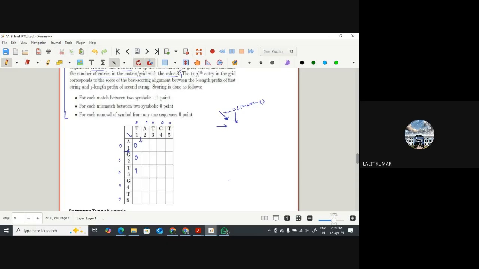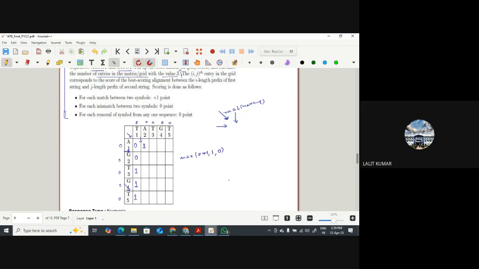So here, if we apply this from the top, 1 will come. Again, now here it is matched, so it will take the maximum of 0 plus 1, which is 1, and 0. So this again will become 1 only. It does not become 2. Now we come here, A. This will become 0 plus 1, 1.